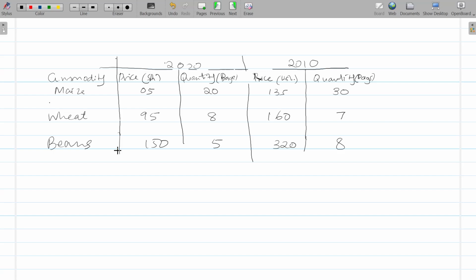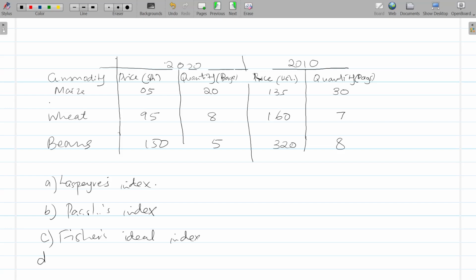So you are required to calculate A, Laspeyres index, B, Paasche index, C, Fisher's ideal index, number D, Dorbish and Bowley index.